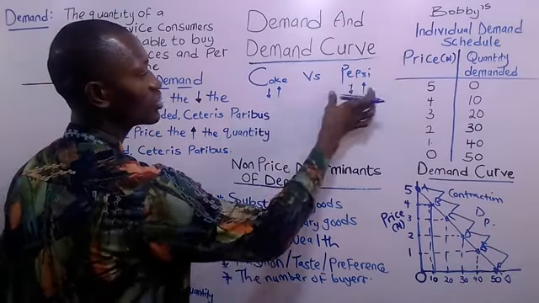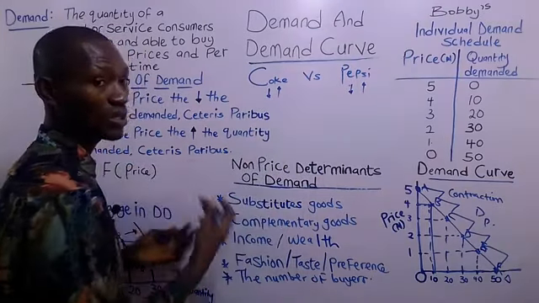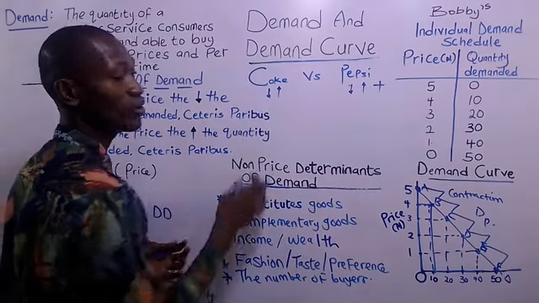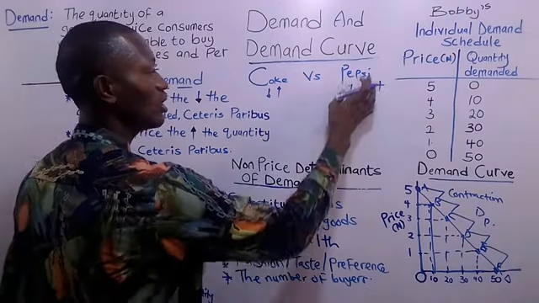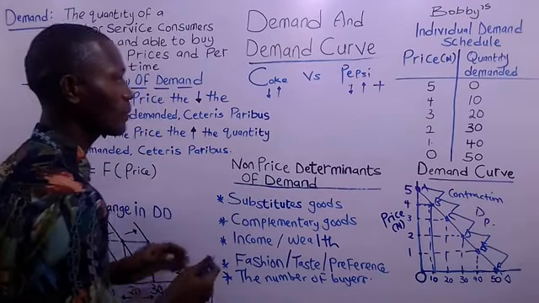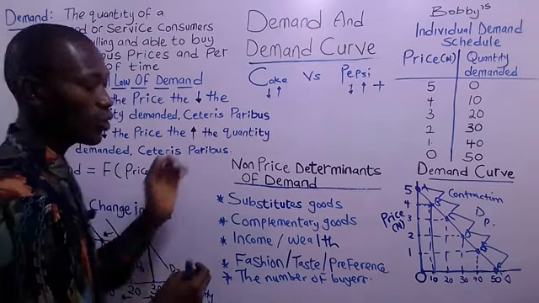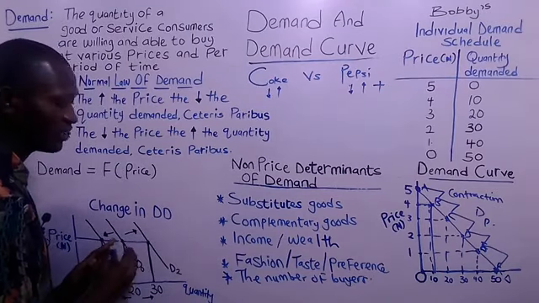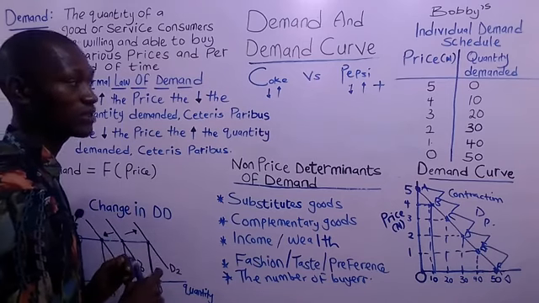So this relationship with respect to substitute goods is said to be positive, because an increase in the price of one, ceteris paribus, will lead to an increase in the demand for another substitute good. So an increase in the price of Coke will lead to an increase in the demand for Pepsi, and that will shift the demand curve for Pepsi to the right.